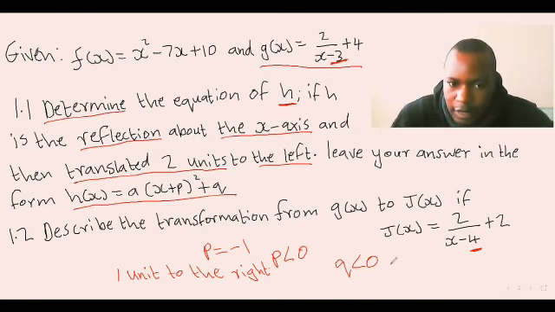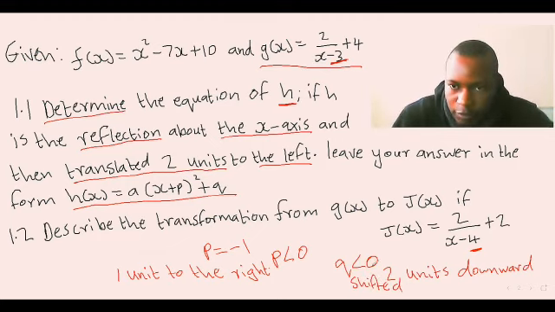So the function was shifted 2 units downward. That is how we would describe the transformation that has taken place.